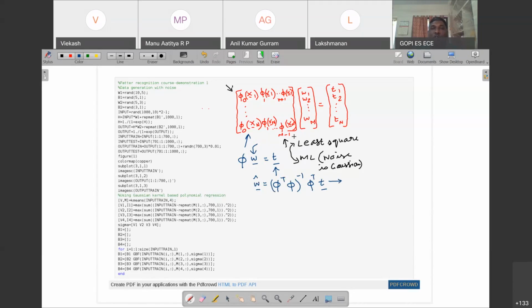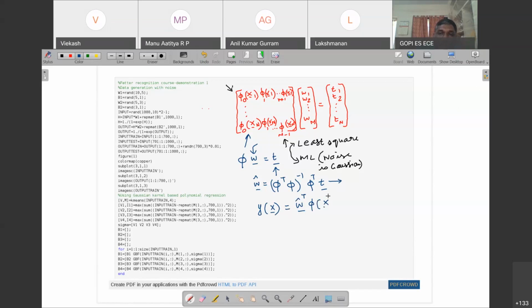So once this is known, then your model is very simple, right? Whatever the estimation we have here, we are going for that y of x as W cap transpose phi of x.